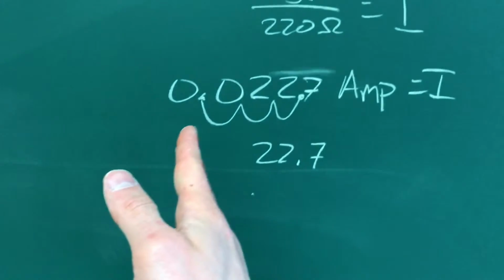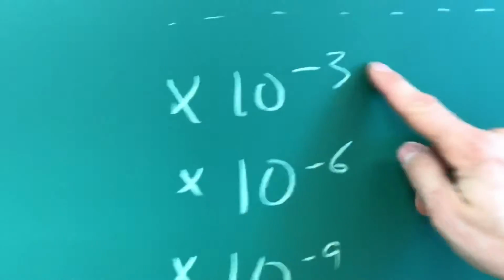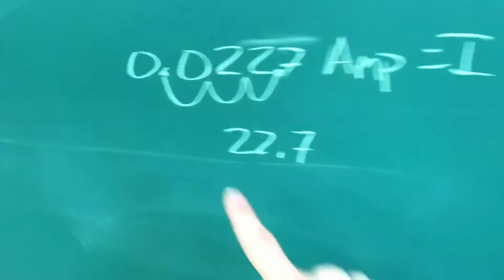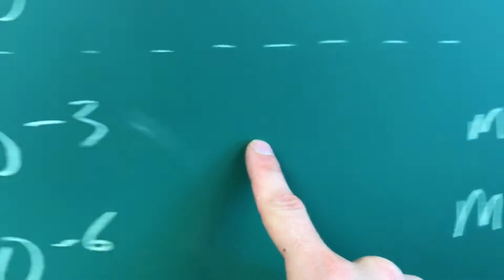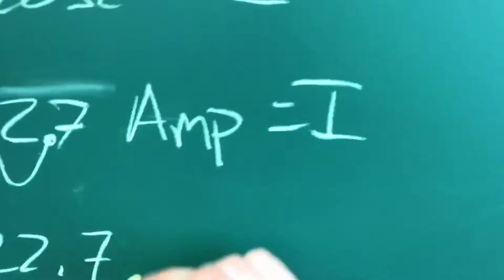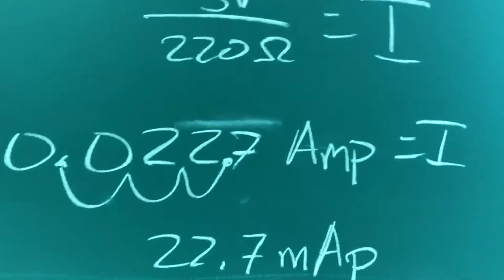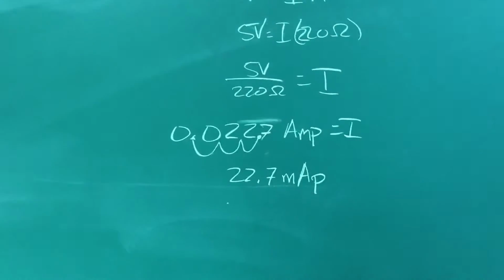We moved the decimal point in a group of 3, because we can only go in 3, 6, 9, 12. So we moved it 3 in the negative direction. 3 in the negative direction is milli, and it's a little m. So 22.7 milliamps is the correct notation in engineering notation.